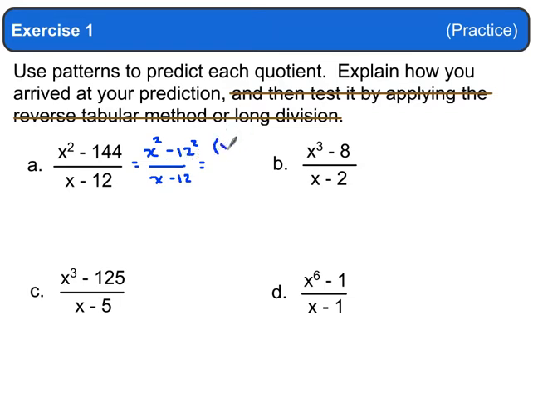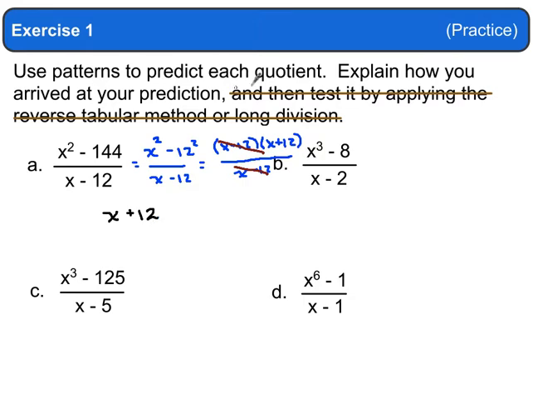So I can rewrite this as x minus 12 times x plus 12, and then of course that's going to be divided by x minus 12. What I get to take advantage of is that this one cancels this one, and so my final result is x plus 12. That's me taking advantage of the understanding of what a difference of squares looks like.